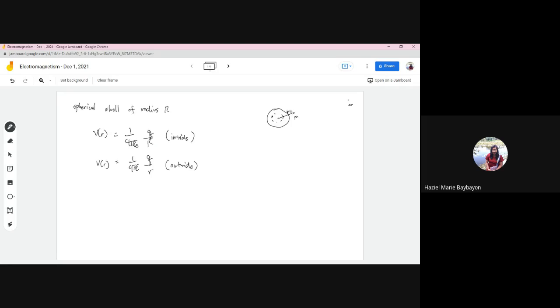Okay, so r is any distance from the center of the shell towards the point P.